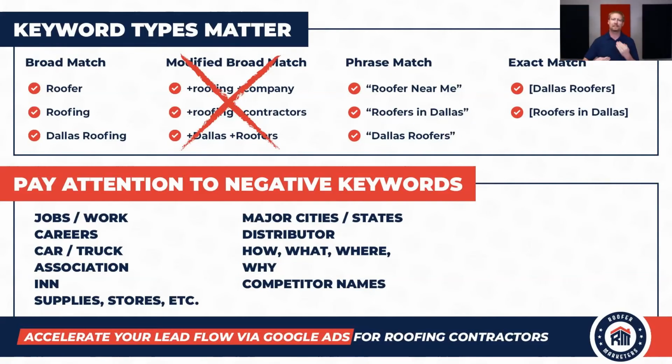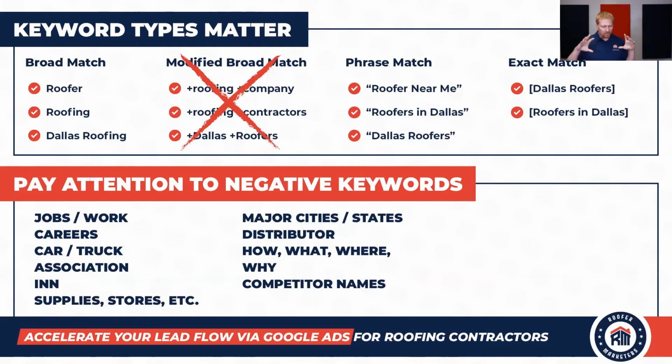The other things that this company was getting clicked on was ABC Supply, right? ABC Roof Supply, ABC Supply, so negative keyword out ABC, negative keyword out Beacon, right? Supply, store, all of these types of things.